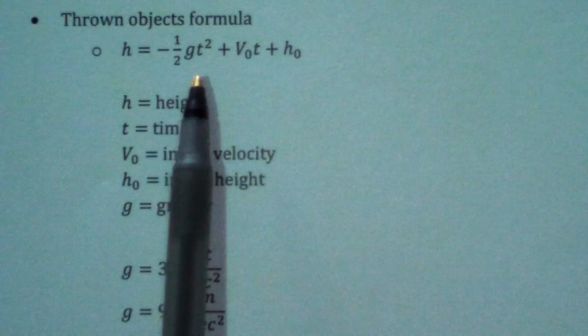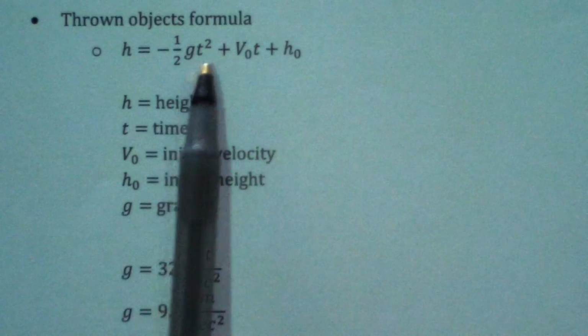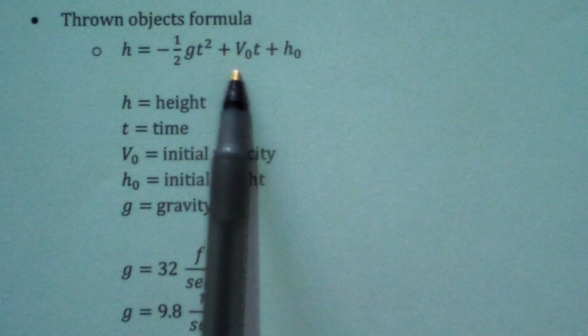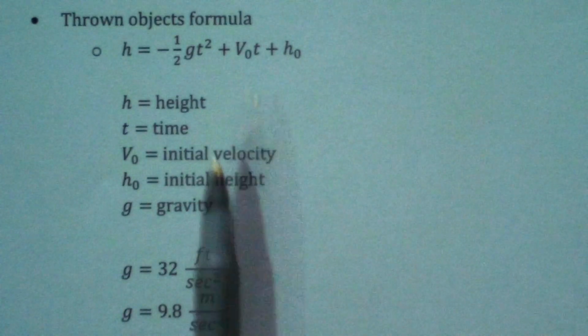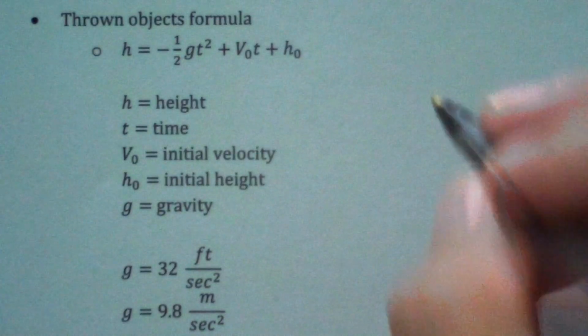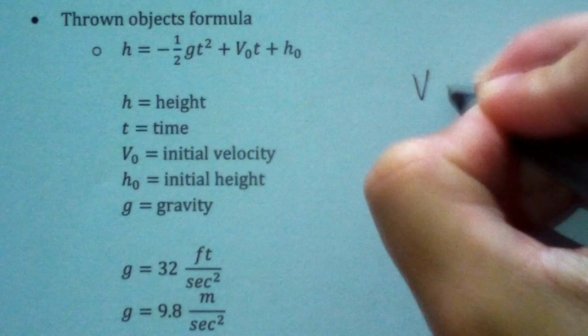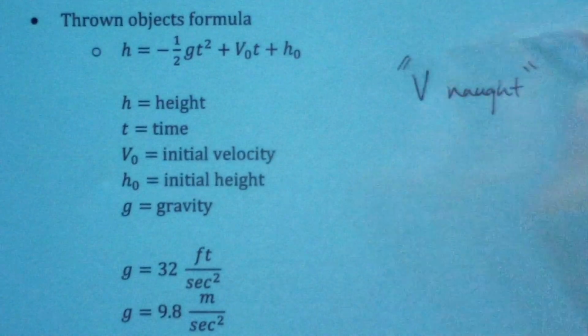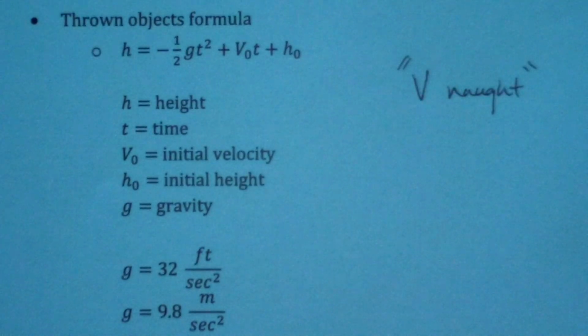So we don't know what our end height is, but we do know that it's always going to follow the pattern negative 1/2 times our gravity. What's our gravity in this situation, if we're in feet? The 32. Or you could just switch that to negative 16 right away if you wanted to.